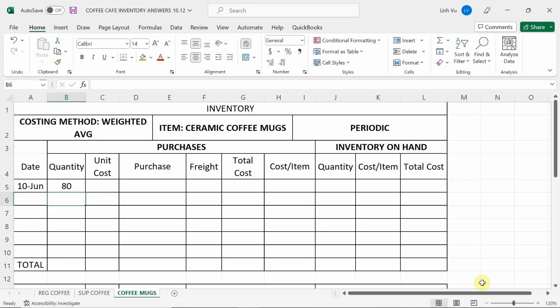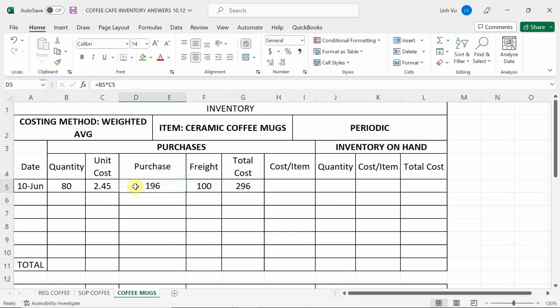We received 80 mugs for $2.45 each, which should give you your $196. We were charged freight of $100, so therefore your total cost was that $296.